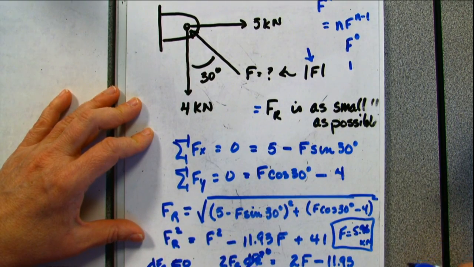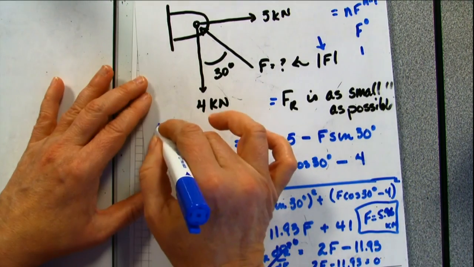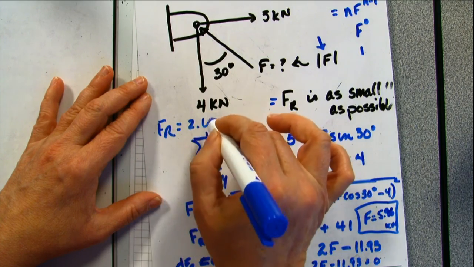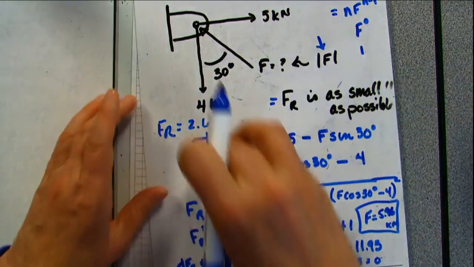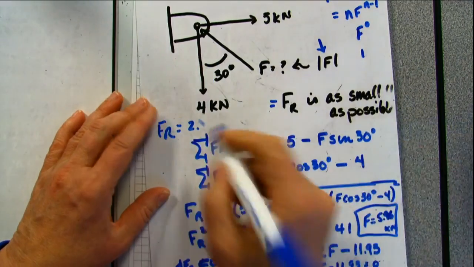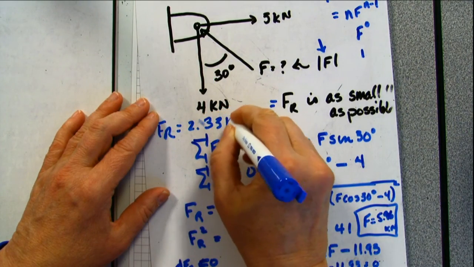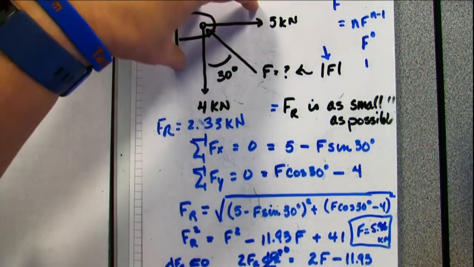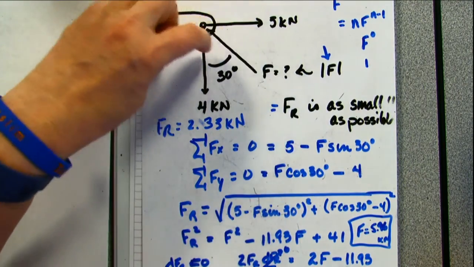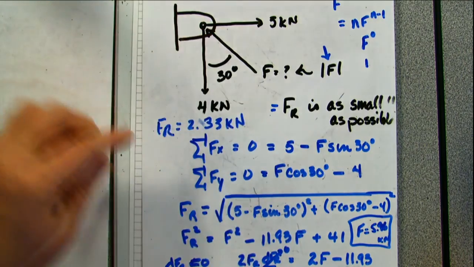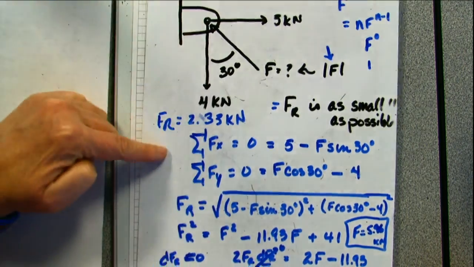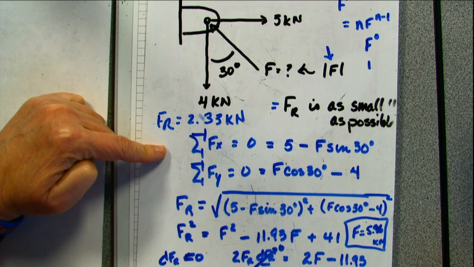Well, that's easy. Once we have that value, we plug it back into this equation, and FR is 2.33 kilonewtons. So given these two forces, the smallest resulting force that I'm going to be able to see on this bracket is 2.33 kilonewtons.